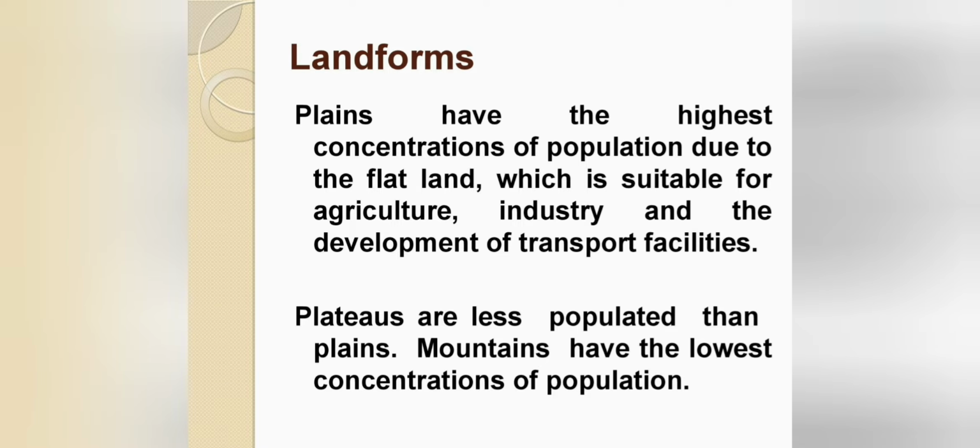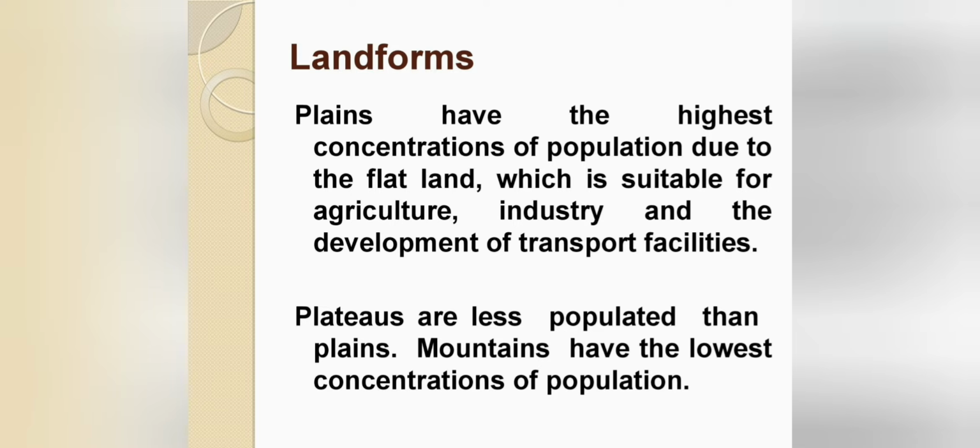Landforms. So students, you must know what are called landforms in geography. Okay, whatever natural landforms we have in our land, the natural structures we have seen, these are called landforms. If we talk about landforms, the first thing which comes to our mind as having a very high density of population is plains.